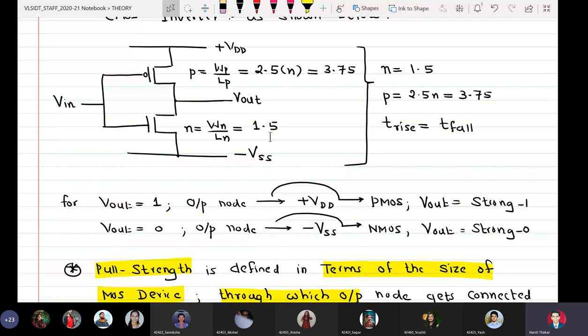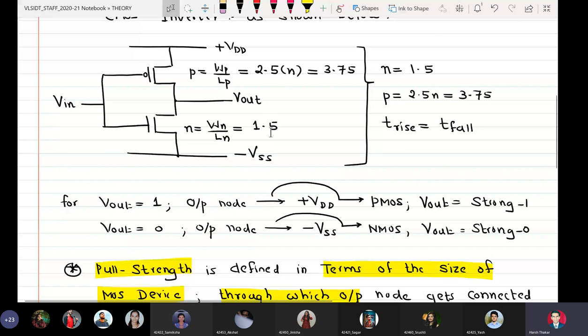So we say that in the simplest and smallest possible CMOS system, we can get equal rise and fall times if the pull-up strength is equal to small p and the pull-down strength is equal to small n, where n is equal to 1.5 and p is 2.5 times 1.5.